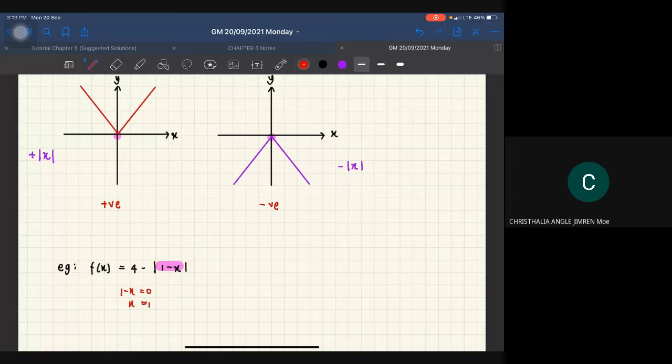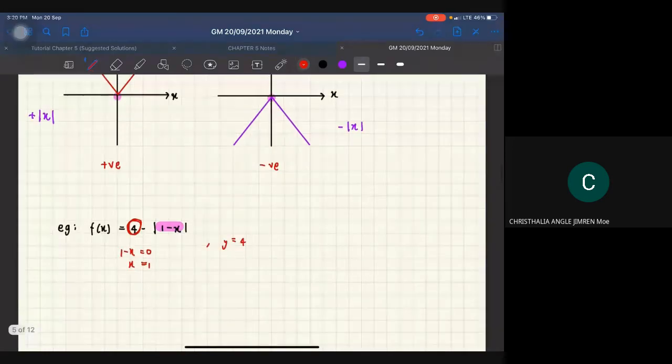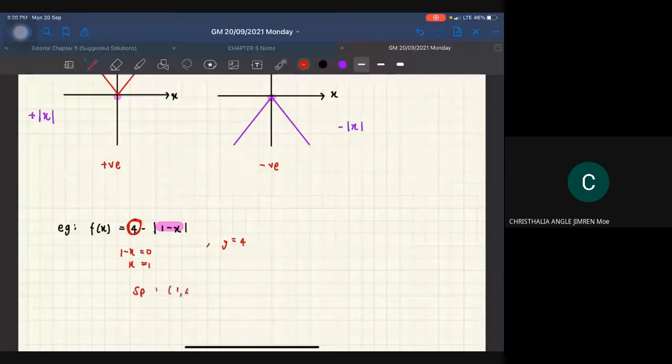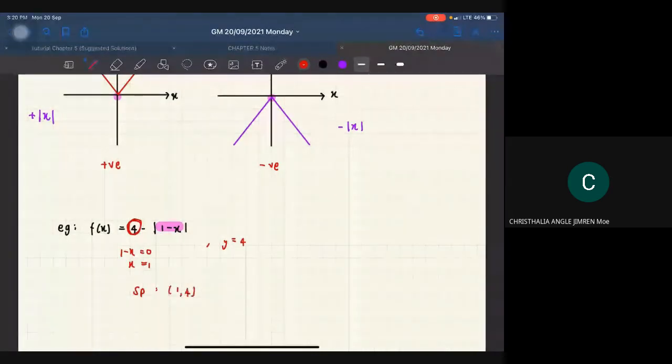Ini adalah x koordinat awak. Untuk y koordinat pula, kita just ambil straight away yang belakang ni, the constant itself, so y kita is equals to 4. Jadi your starting point, saya tulis sebagai SP, is equal to (1, 4). Ini adalah starting point untuk graph kita.